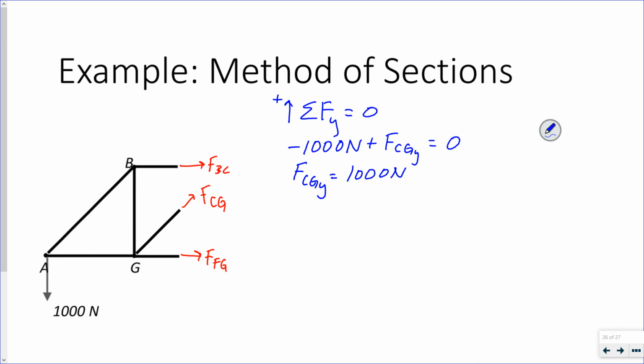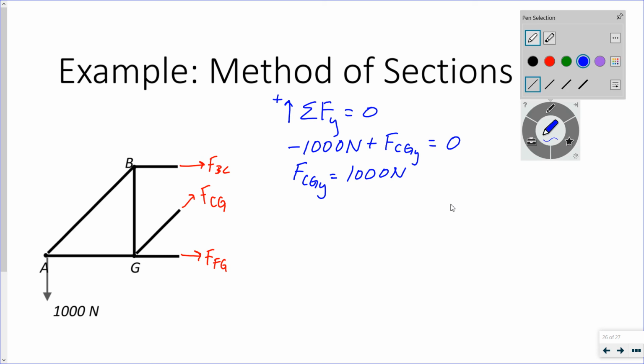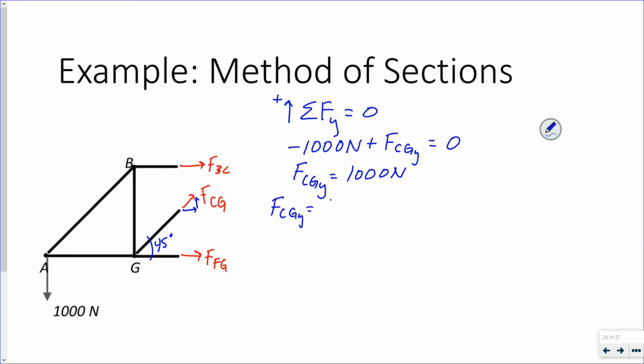It is in tension. And if this is 45 degrees, FCGY is FCG times the sine of 45 degrees.